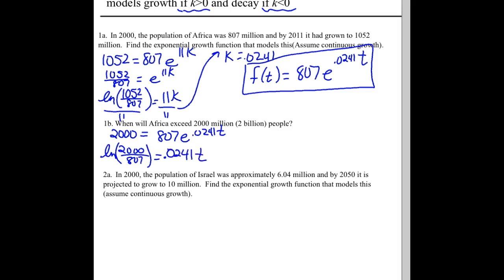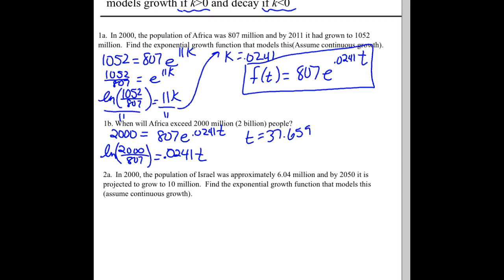And then once we get that answer, we can divide out that decimal. So what do we end up with for t? I got 37.659.